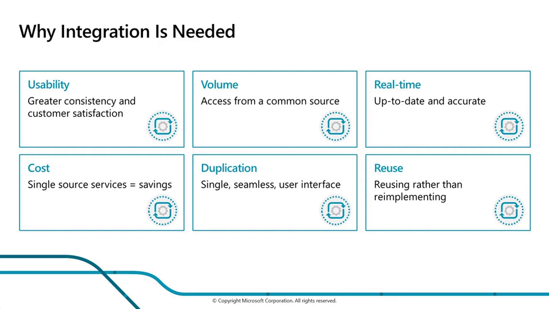Where data volumes are large or are changing regularly, it can be problematic to duplicate. Through integration, rather than by copying or migrating, the data can be accessed from a common place, which is easier to manage.